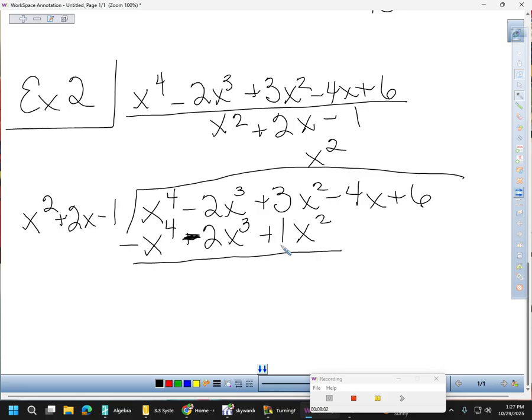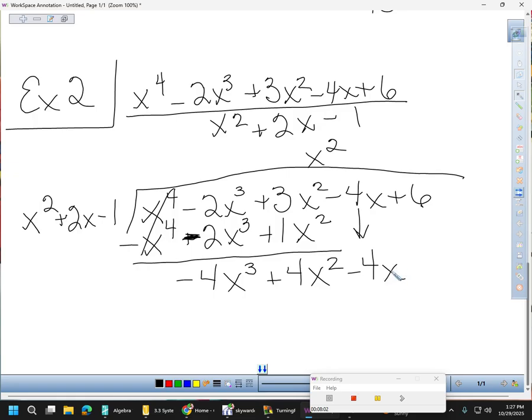X to the 4th and negative x to the 4th cancels out. I have a negative 2x to the 3rd and a negative 2x to the 3rd, so I have negative 4x to the 3rd. 3x squared and 1x squared is 4x squared. And now I bring down minus 4x.